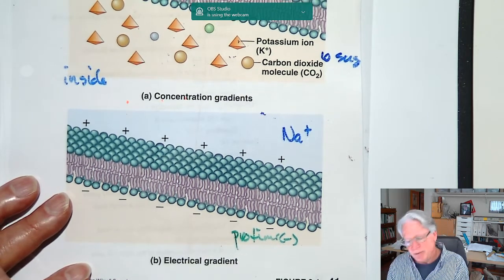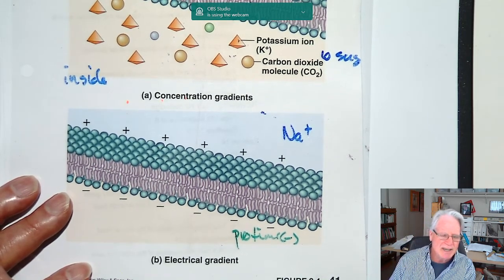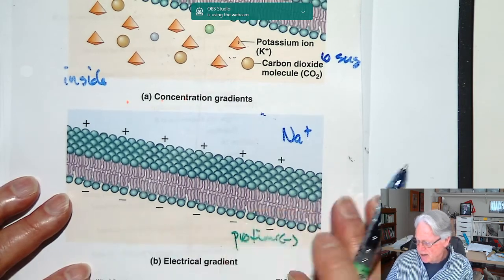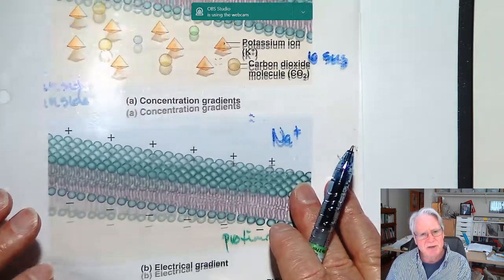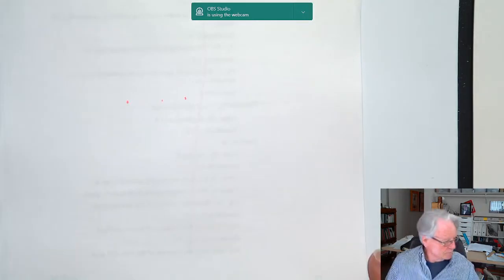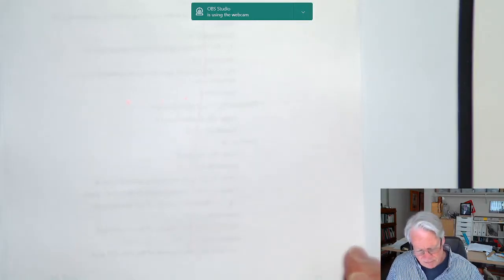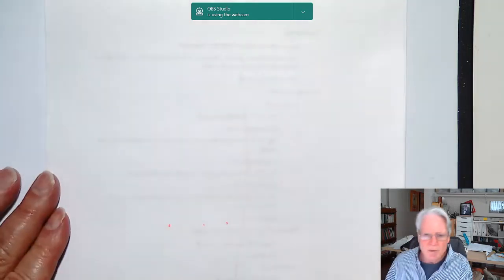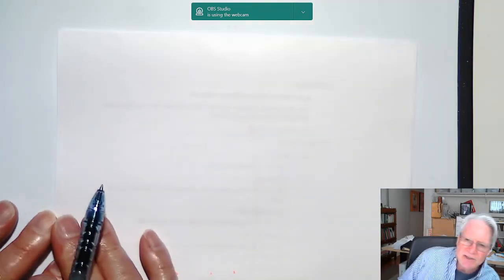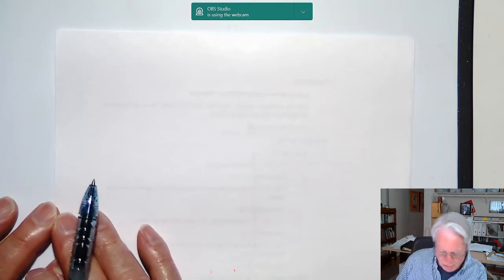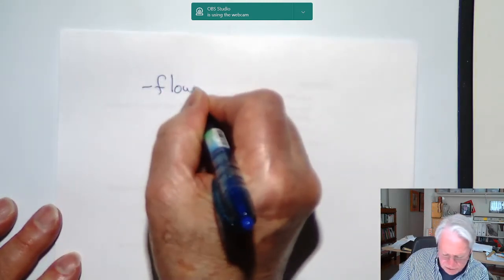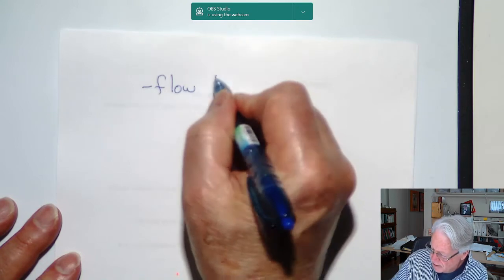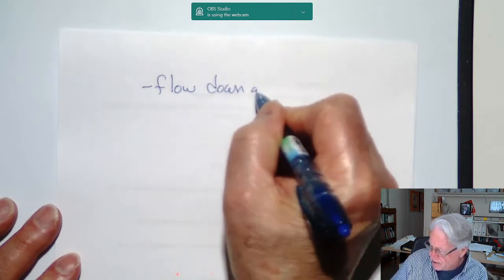So somewhere in the range of about minus 90 millivolts is the typical difference across that membrane. All right. So what's the point? Why are we talking about this, and what does this have to do with the membrane? Well, a couple of facts, if we write them down, will help us understand. So, flow down a concentration gradient.